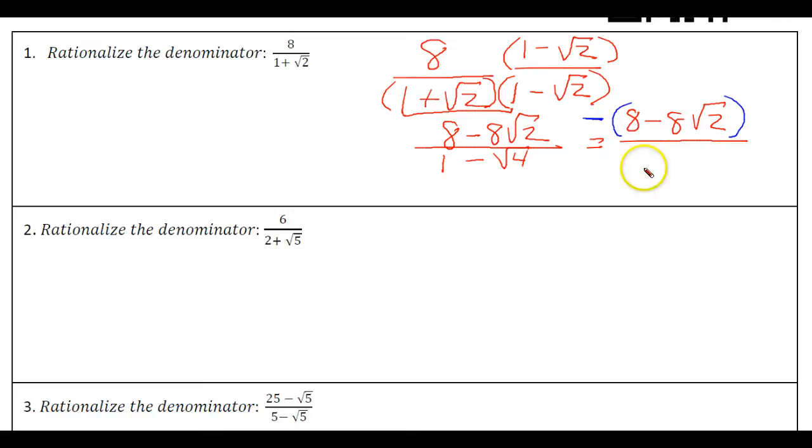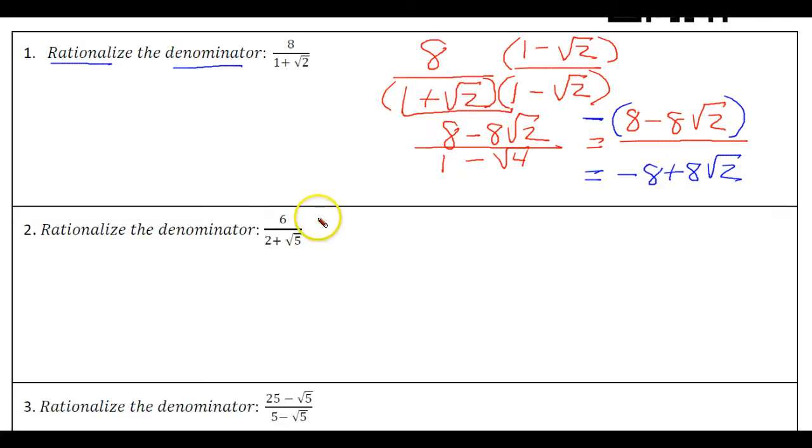And so, as my final answer, this is going to be negative 8 plus 8, the square root of 2. Now in this process, what we have done is taken a number that was irrational in the denominator and made our denominator a positive 1, which is now rational. So we have rationalized the denominator.